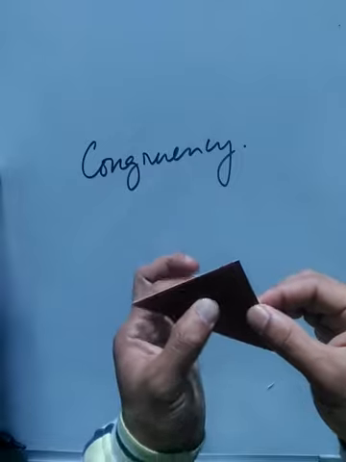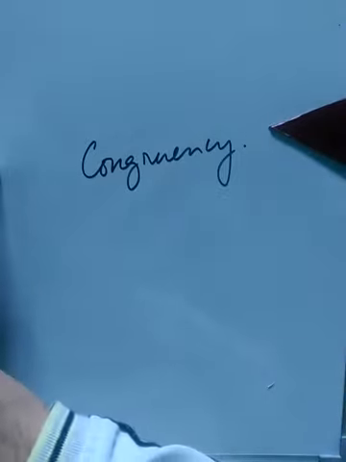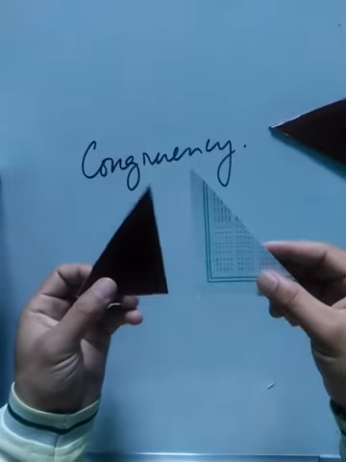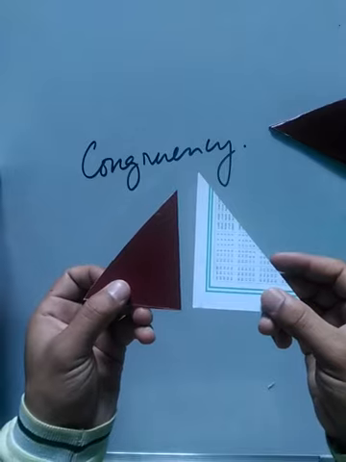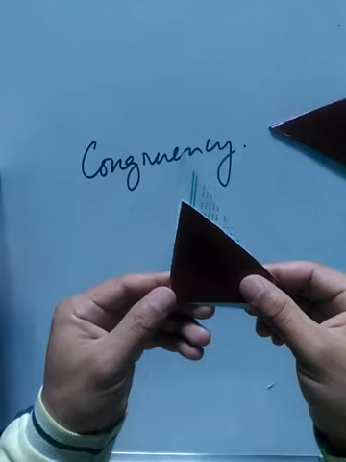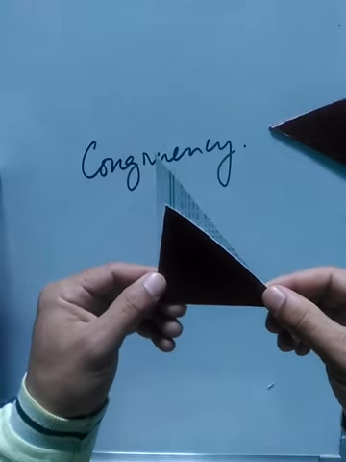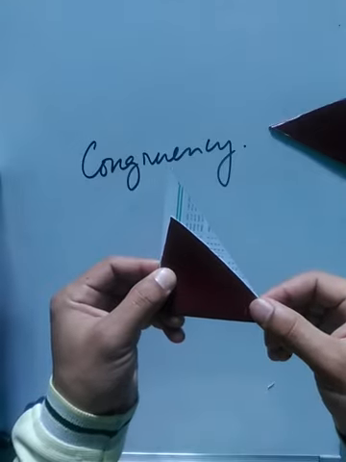Let me pick one more pair of triangles. I have cut out two triangles and let me try to overlap them. First I keep them in this way, then they do not overlap perfectly.